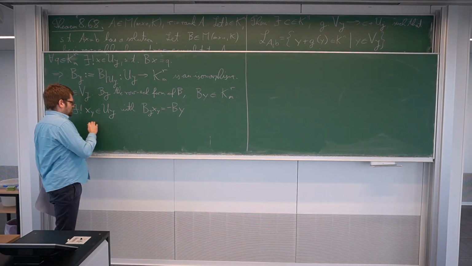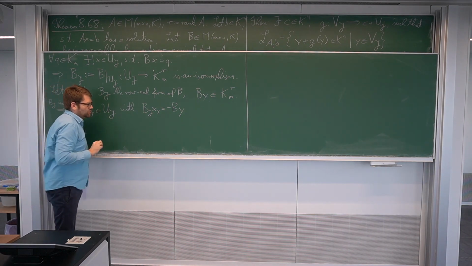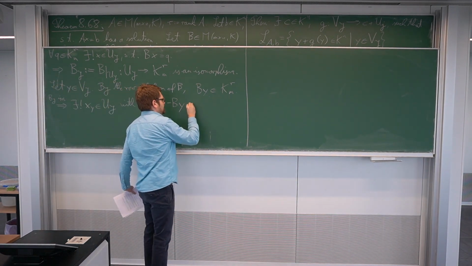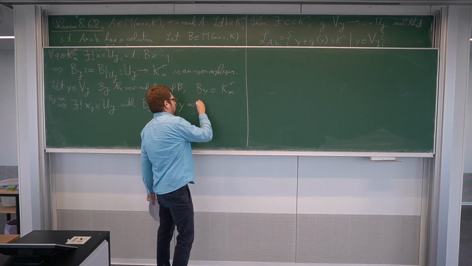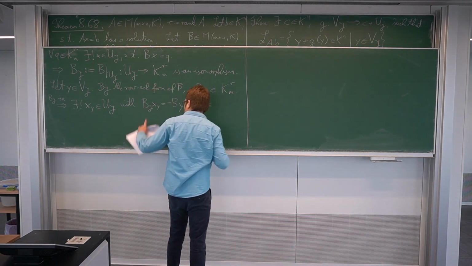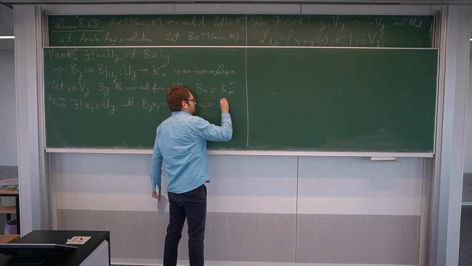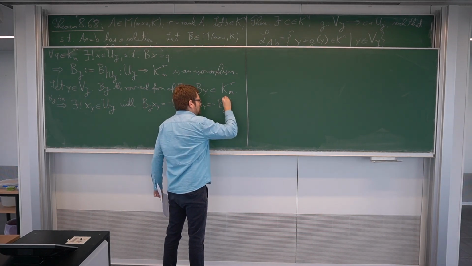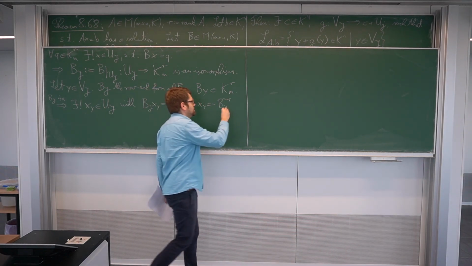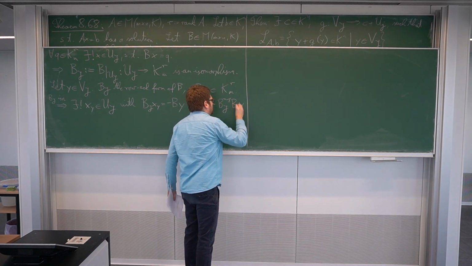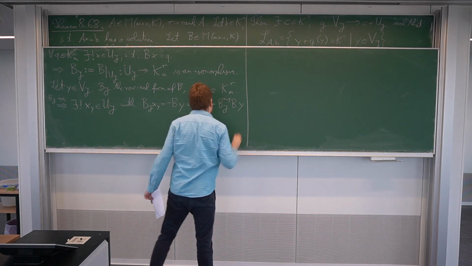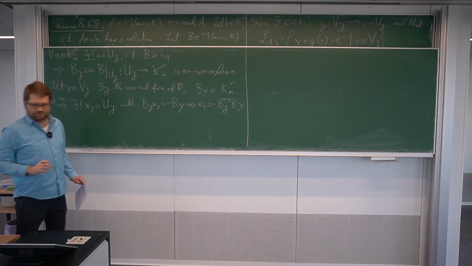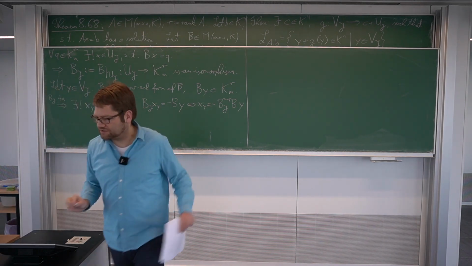So we always have such a unique xy such that this holds, and this we can rewrite as xy is equal to minus Bj to the minus 1 of B of y, since this is an isomorphism. The minus is going in front because everything is linear. So this is well defined. It looks strange, but it's well defined. Okay, we get some better chalk.